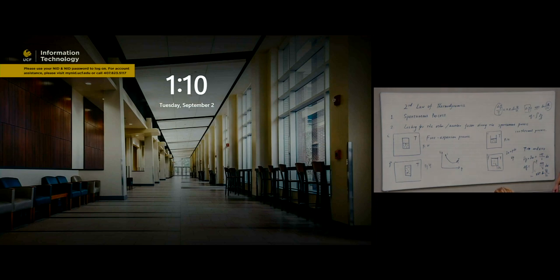Any questions? Okay, if you have no questions, let's look at the behavior of this parameter. Again, we compare this process.